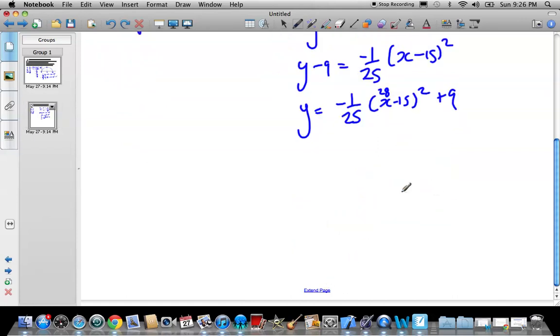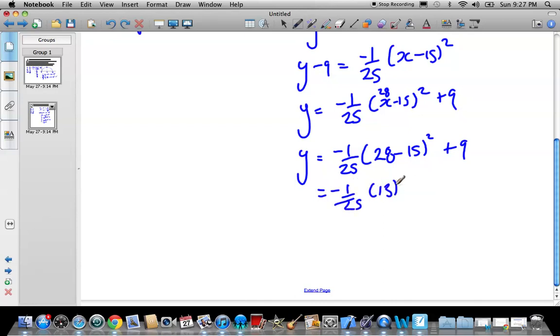So let's see. Let me just rewrite that now. Just like that. So I'm going to have 13 squared plus 9. So that's 169 divided by 25.